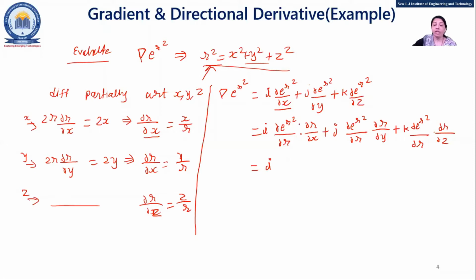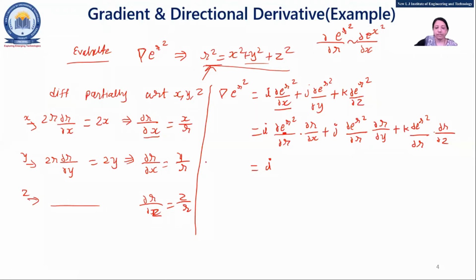So i times ∂/∂r of e^(r^2). What is the partial differentiation of e^(r^2) with respect to r? It is like e^x: suppose we are doing d(e^x)/dx, it gives e^x. Suppose here it is e^(x^2); same way you have to go for this also.